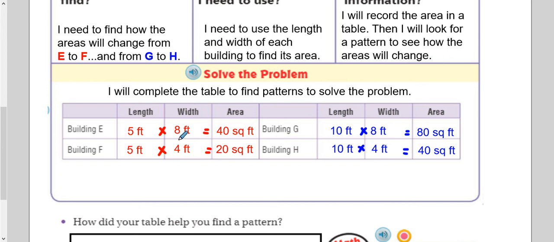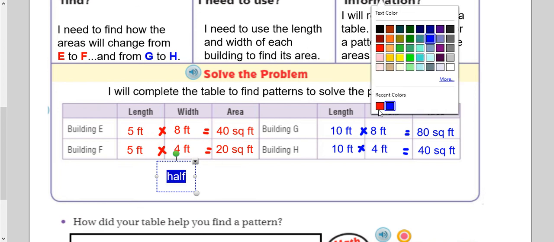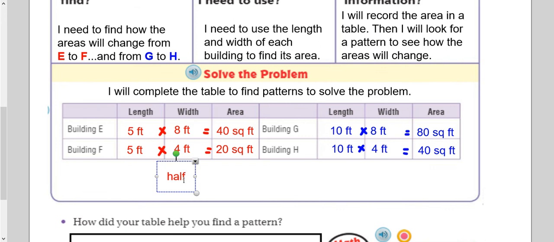So what happened from 8 to 4? Well, from right there, we halved it. All right, so that is going to go half. Well, when we went with half from 8 to 4 right here, our area also went half.